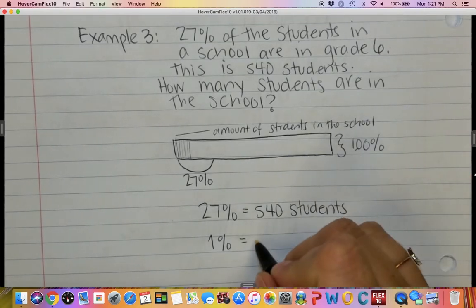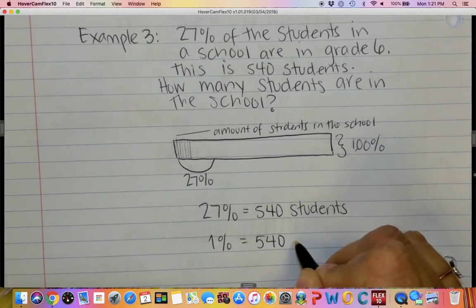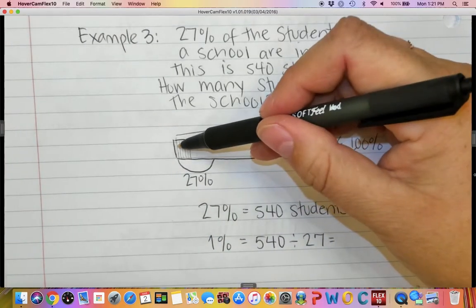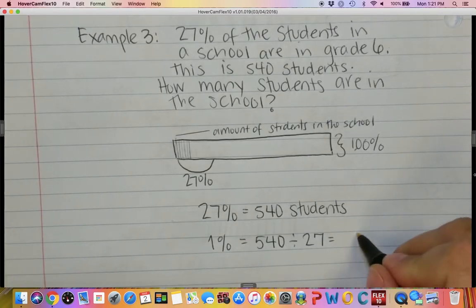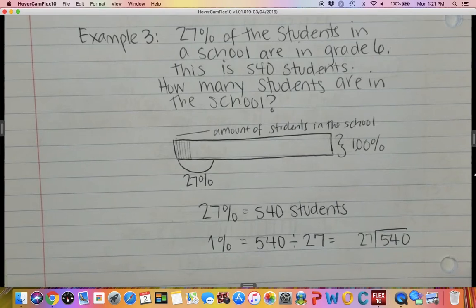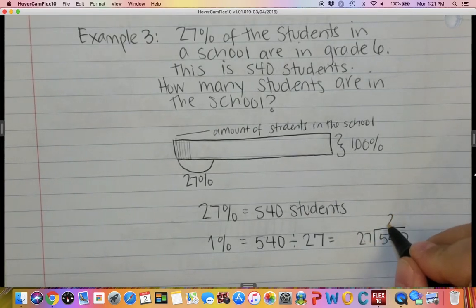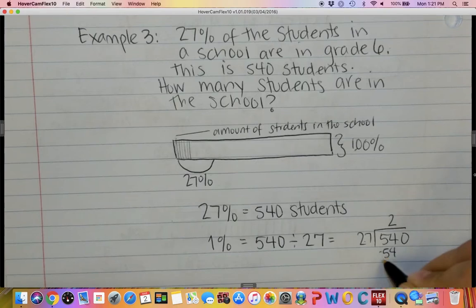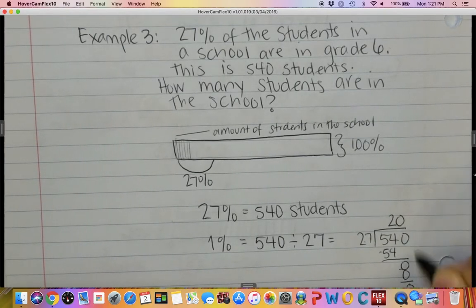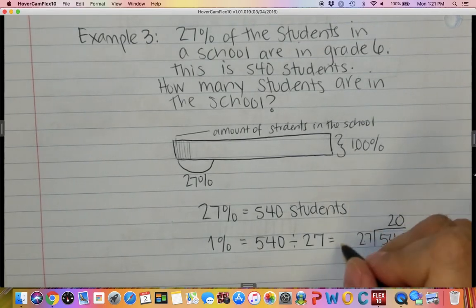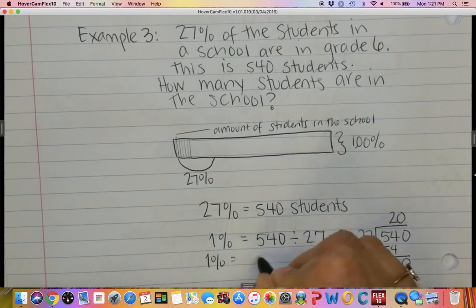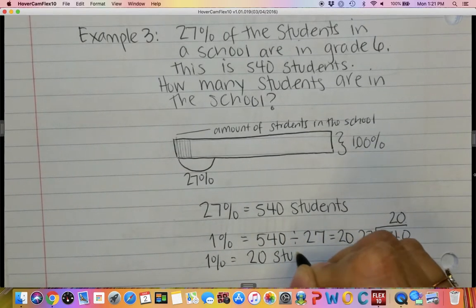So we're going to take those 540 students and divide them up among the 27 boxes to figure out how much goes in each box. So 27 into 540, 27 times 2 is 54, 27 into 0 is 0. I'm done. 1% equals 20. So 1% equals 20 students.